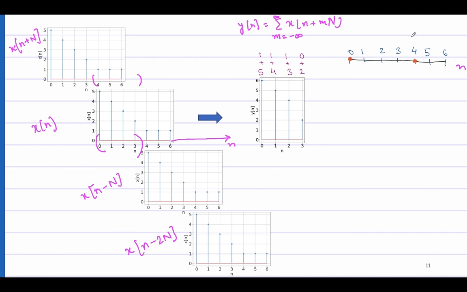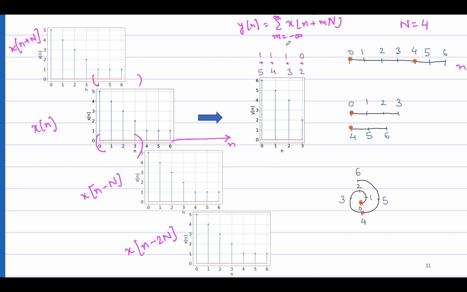But since my capital N is equal to 4, I get these markers 0, 4, and this line gets broken or folded over, so that 4 matches 0, 5 matches 1, and 6 matches 2, and their corresponding x[n] get added up to form the new y[n].